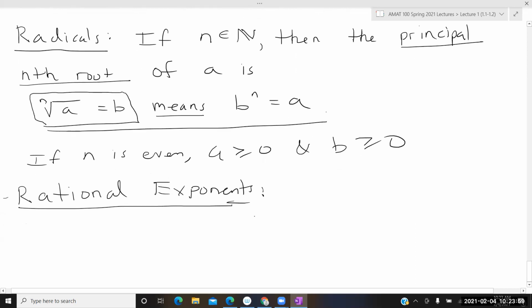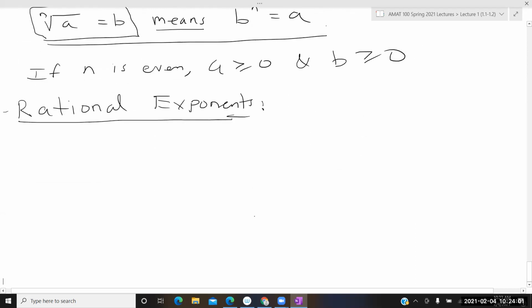So again, we're doing this in some sense piecewise or inductively. We start with some really basic stuff and then we're building on it. So we know how to take integer exponents. Well, how do we do rational exponents? Now we just extend that definition.